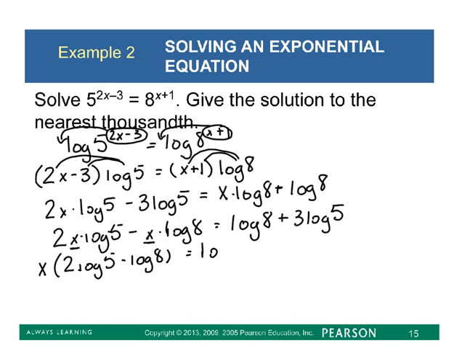And then to get x all by itself, at this point, what we're going to do is divide both sides by this whole thing in parentheses here, the 2 log of 5 minus just log of 8.